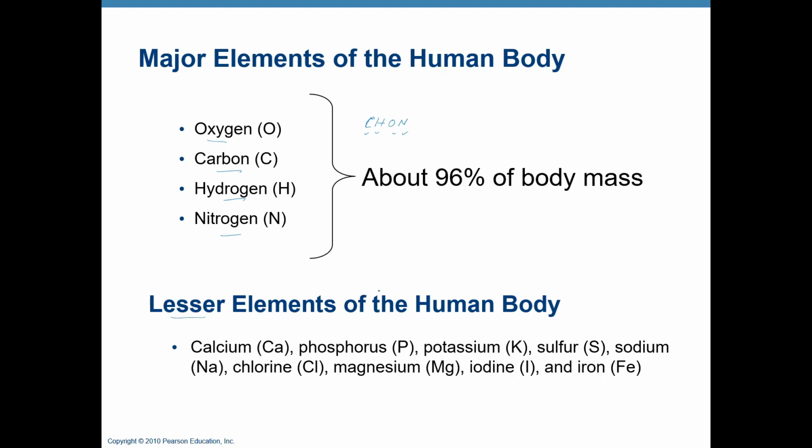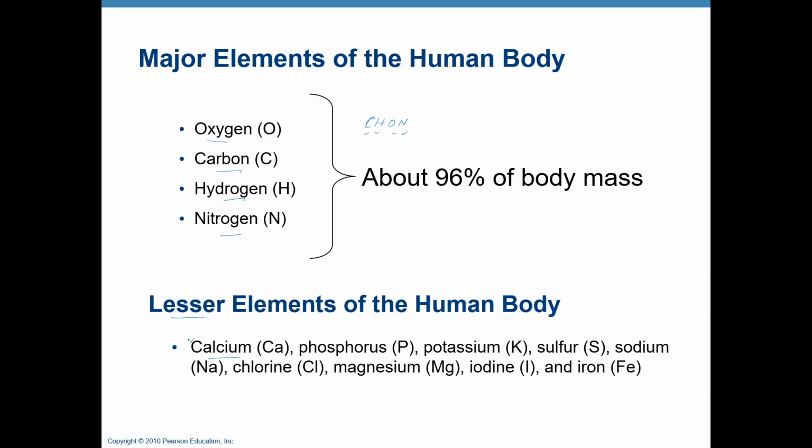Some elements are present in small amount or lesser amount or in trace amount in your body. However, they are very important for your life. For example, calcium, extremely important. If the calcium concentration is low in your blood, that is called hypocalcemia, and that can cause paralysis of the muscles, respiratory paralysis, and the person may even die.